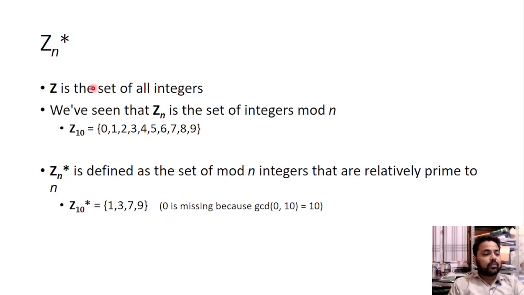Suppose we have Z10 equals 0 through 9; here the Zn star symbol is defined as the set of mod n integers that are relatively prime to n. So here we have only the 4 elements 1, 3, 7 and 9.